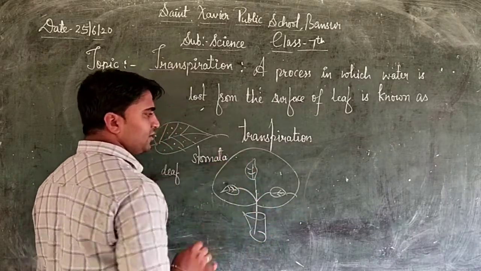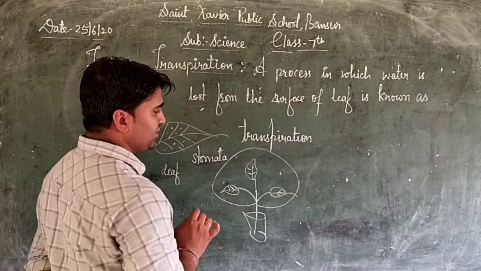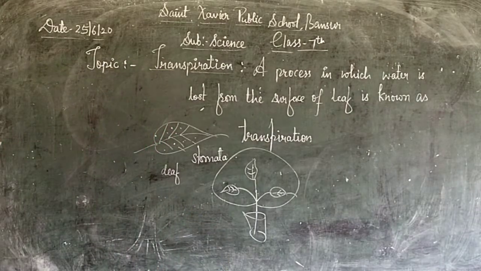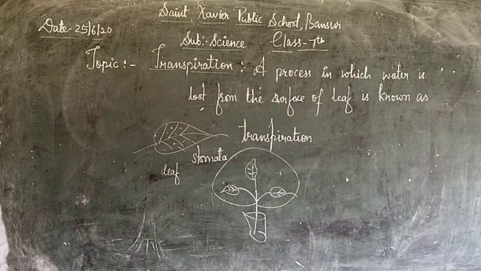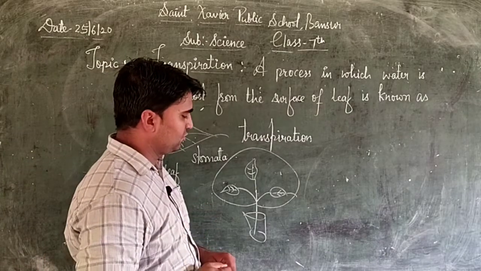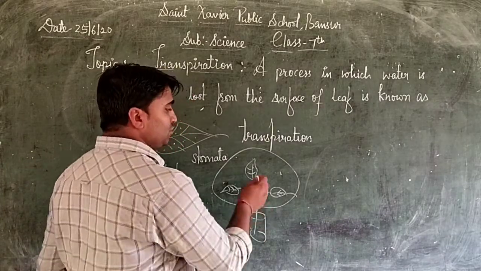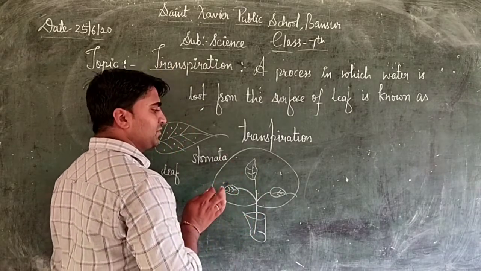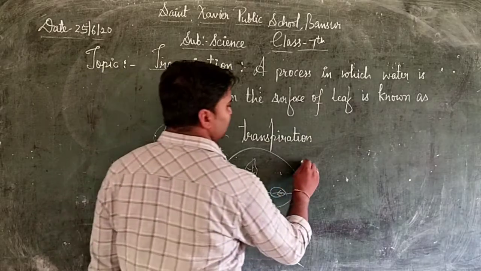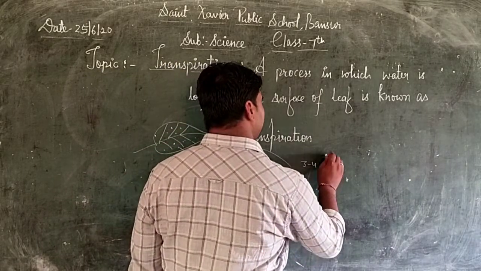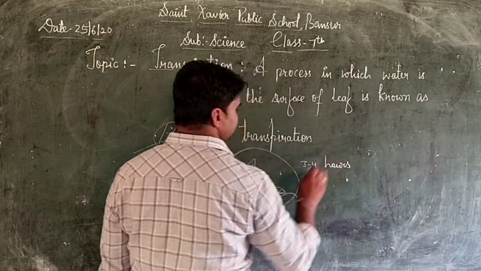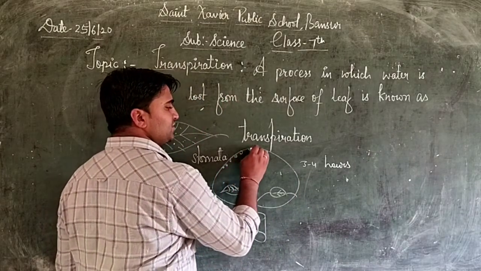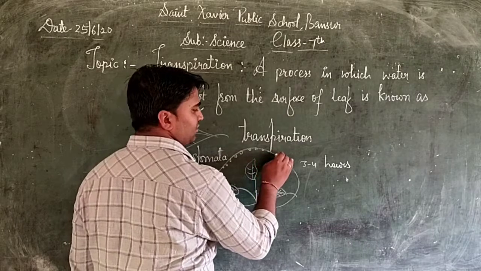You have to tie that on the outer surface of it, and then you have to cut. After this, you have to keep this potted plant in the sunlight. After 3 or 4 hours, you will see that there will be some drops of water on the surface of this polythene.